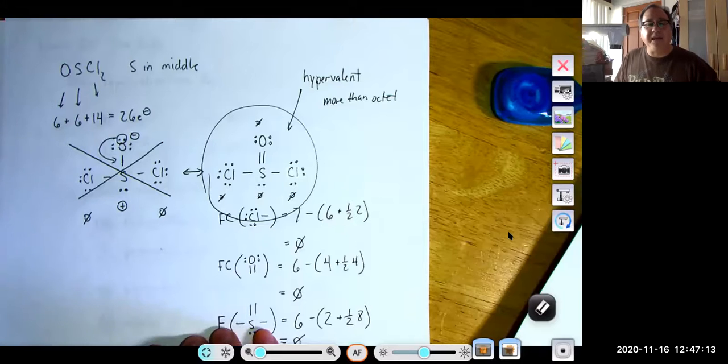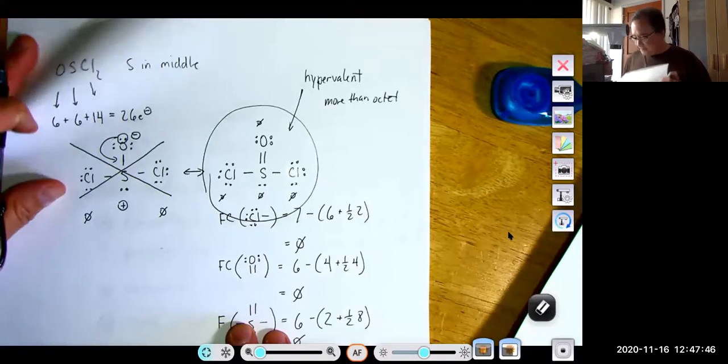Any element beyond period 2 can be hypervalent and have more than an octet. Anything up to period 2 can have at a maximum an octet. That's it, a maximum of an octet. Beyond period 2, they can be hypervalent. Will they always be hypervalent? No, but they can be. So we're done here. Any questions about this molecule here?